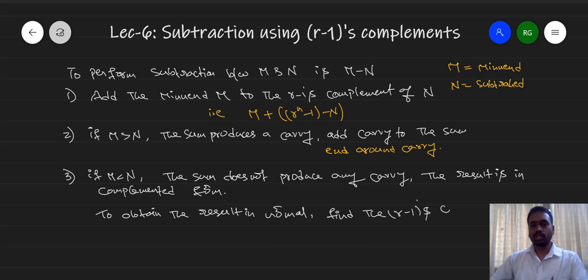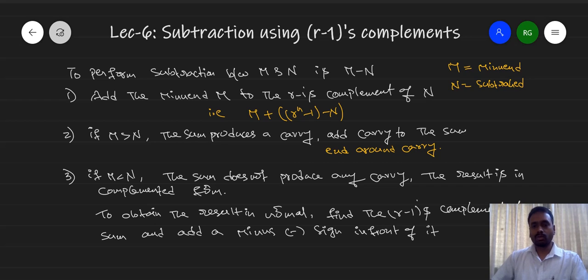r minus 1's complement of the sum, and add a minus sign in front of it, because we understand a negative result by looking at the sign, right?